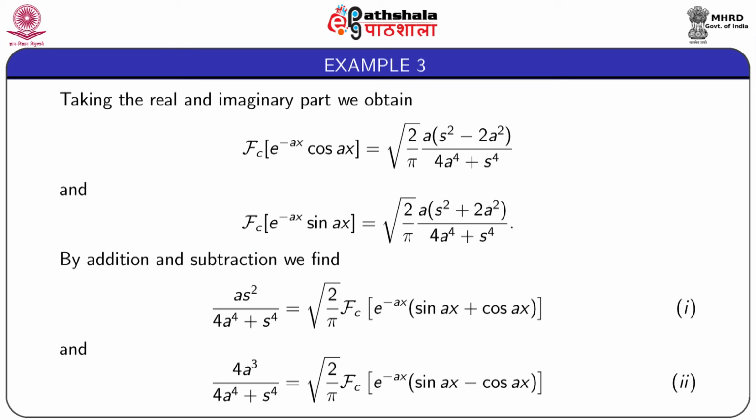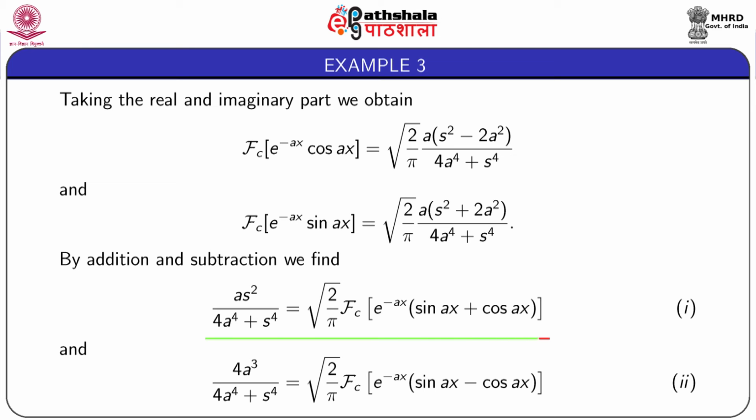Now, by addition and subtraction, we obtain a into s square divided by 4a^4 plus s^4. This gives root over 2 by pi into the Fourier cosine transform of the function e to the power minus ax into sin ax plus cos ax.